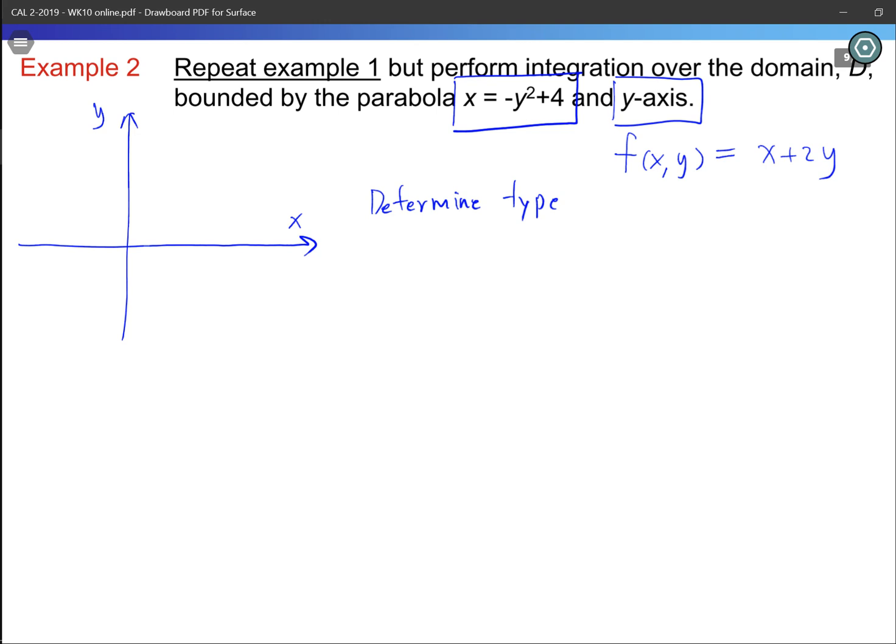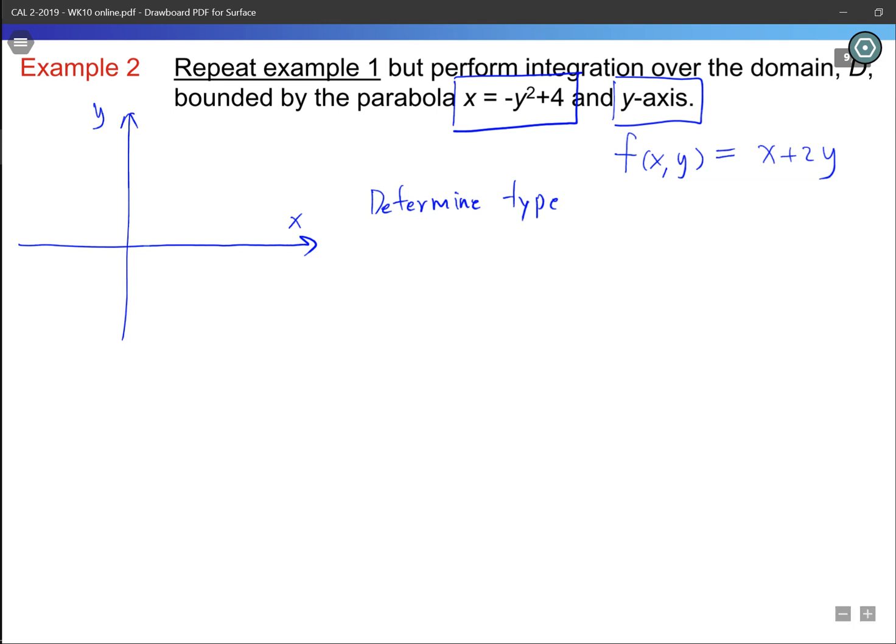x equals y squared, that is a parabola on the side, right? But this is minus y squared, so it's going to be on the side and the opposite way, and it's going to be shifted up 4 units.